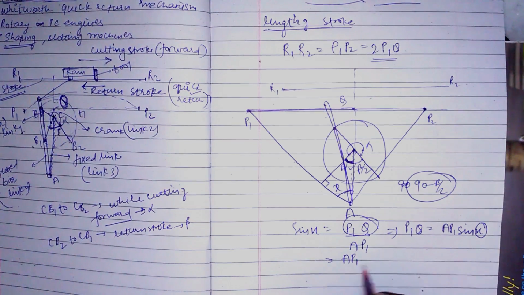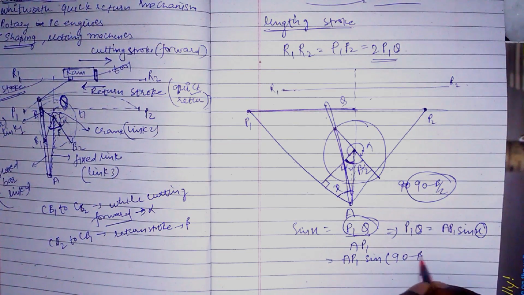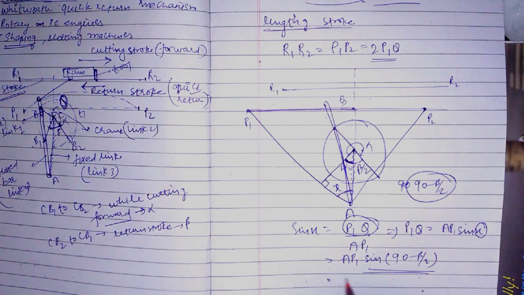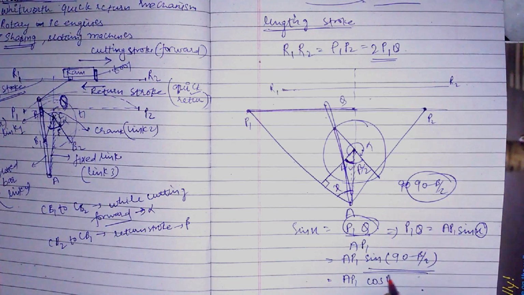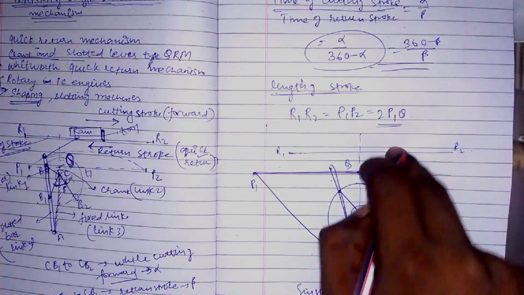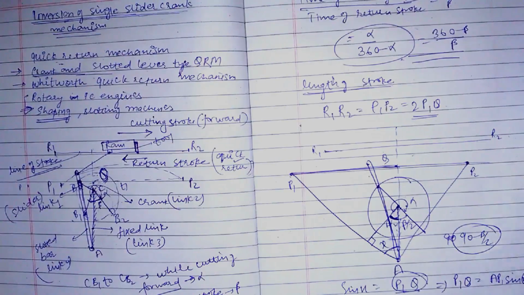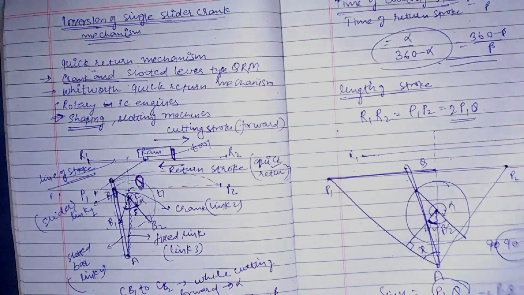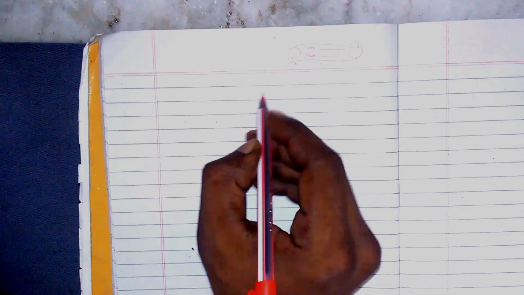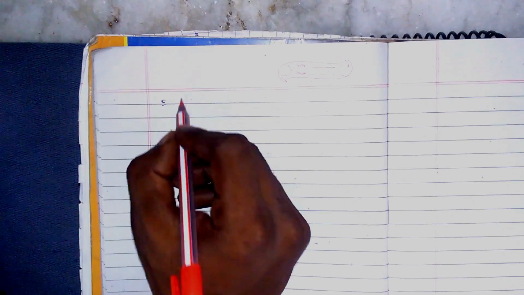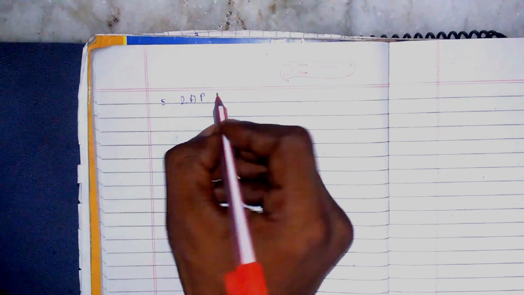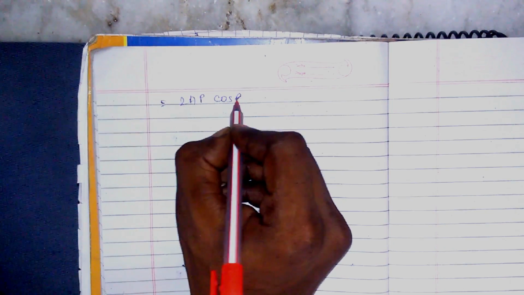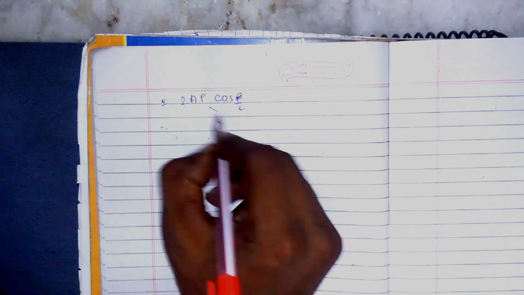So we could write it as AP1 sine of 90 minus beta by 2, which is AP1 cos beta by 2. Now we put it in this equation, and we obtain 2 times AP1 cos beta by 2.